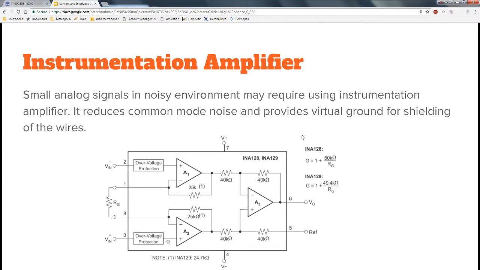So this actually is for very small signals. Sometimes you actually need to have this. This is actually the first stage of analog signal conditioning, and that would be the instrumentation amplifier, especially in industrial environments. For example, a paper machine. Anyone being in a paper mill?